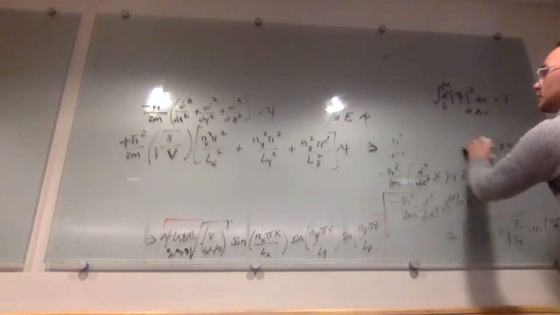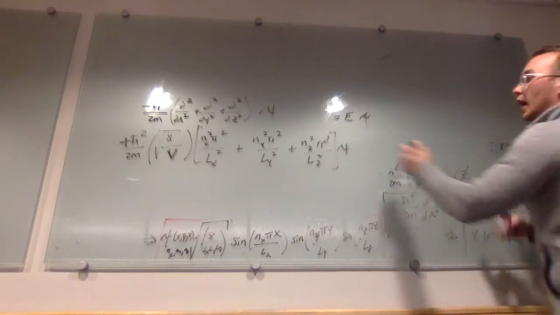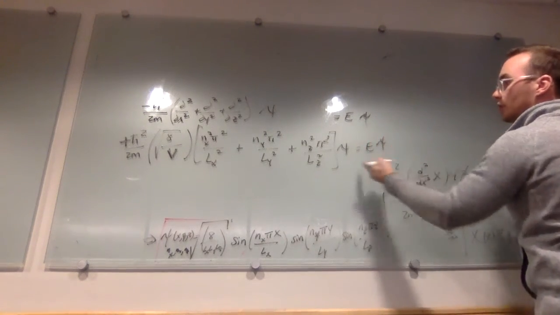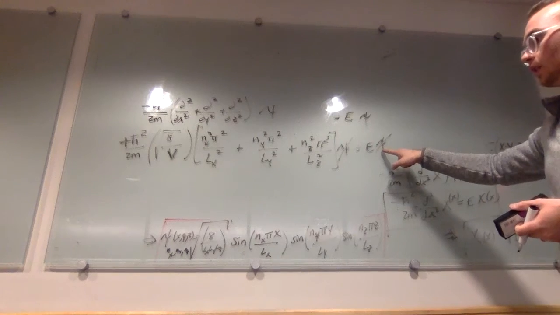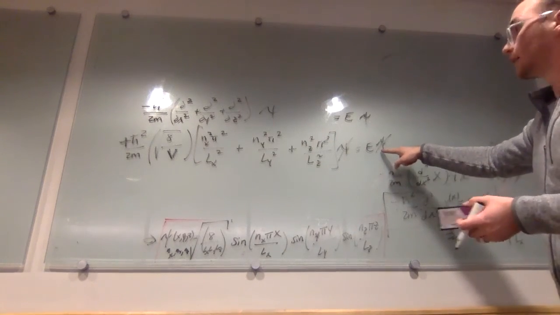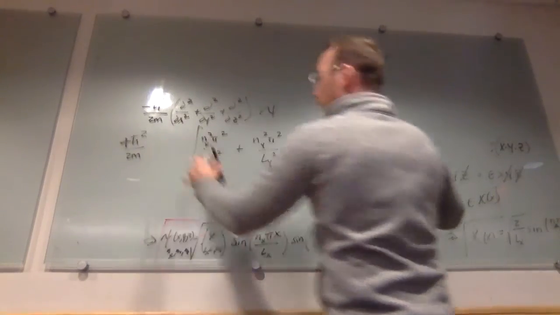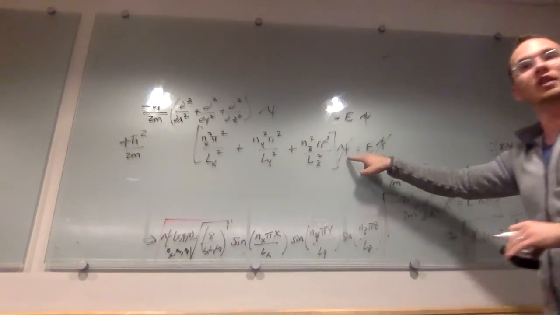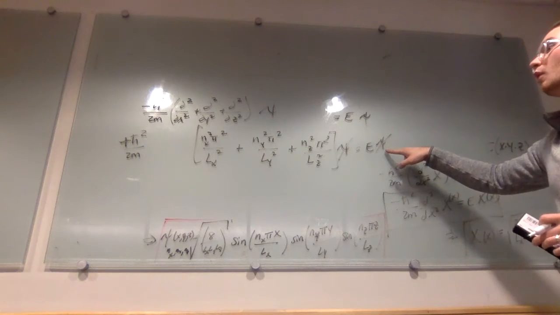Anyway, let me erase this. And then this equals E psi, but we can just cancel the psi's because they're the same on both sides. I guess I didn't need to write this 8 over V then. Psi is this whole thing, and over here we still get the same whole thing.